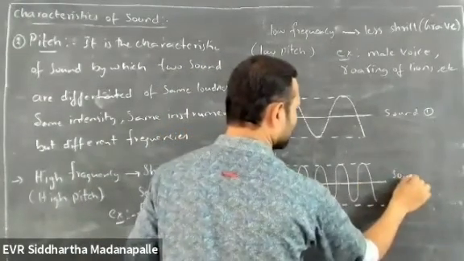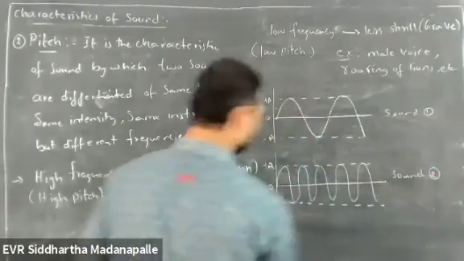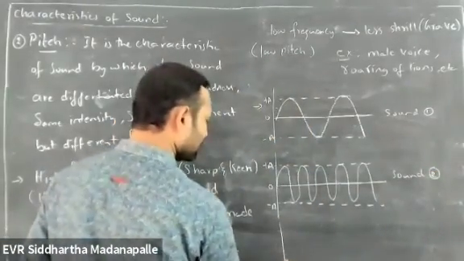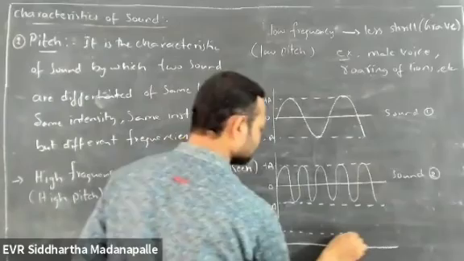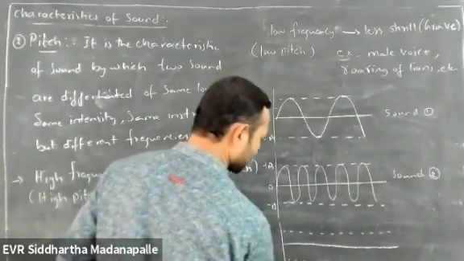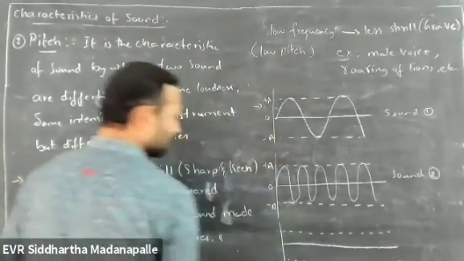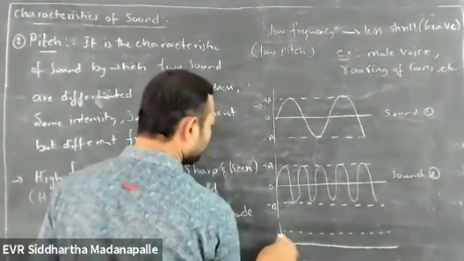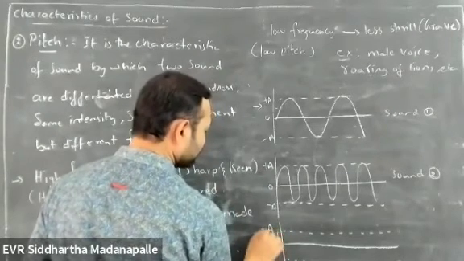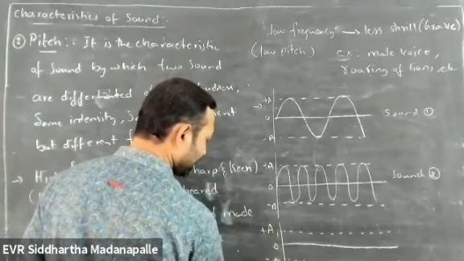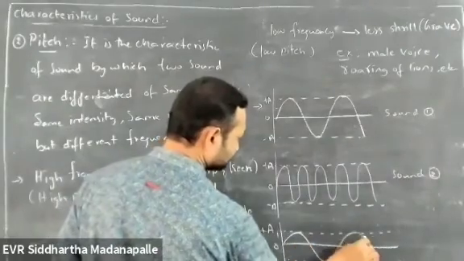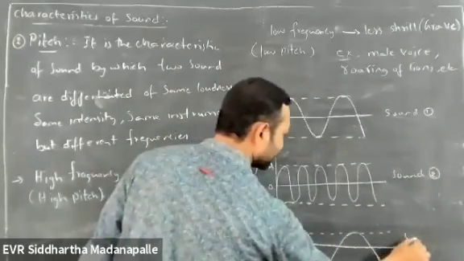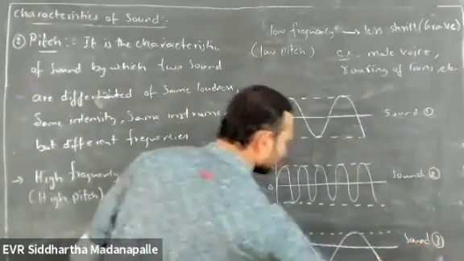Now this is the sound 2 now. And let us consider the another one also. ఇంకో ఎగ్జాంపుల్ గా తీసుకుందాం. And this one, it is having a different amplitude. Let us consider A1, and this is minus A1. Now this one is the sound 3.